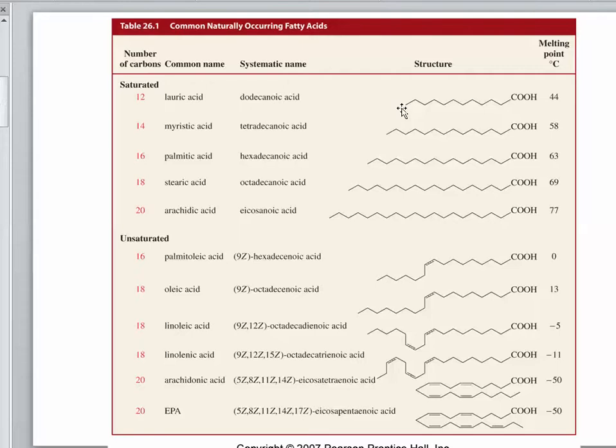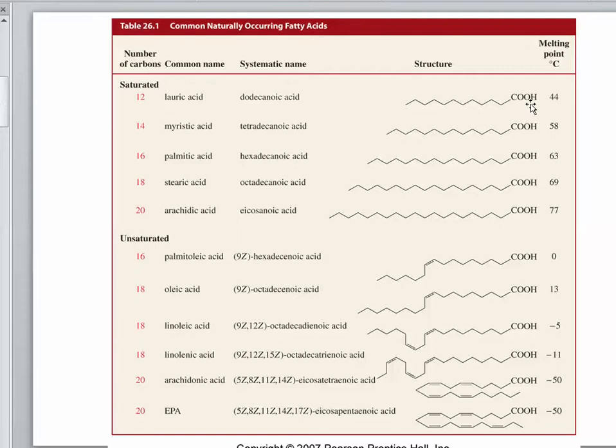And if this is a carboxylic acid, we use the word oic acid at the end of the name. And those rules do not change because, let's face it, this is a carboxylic acid functional group. This is a carboxylic acid molecule. That's all that it is. It's just an extra long one.